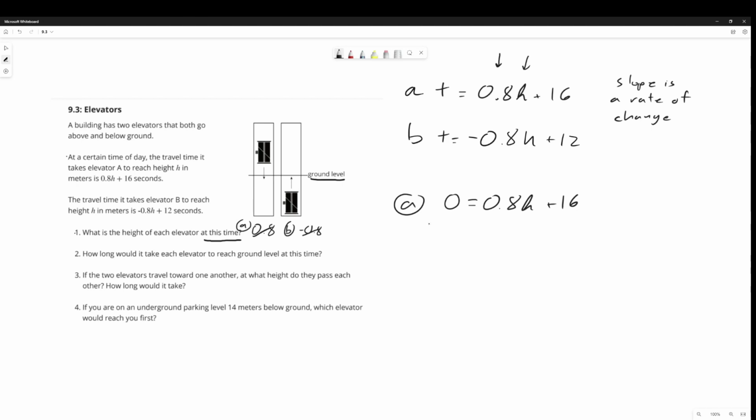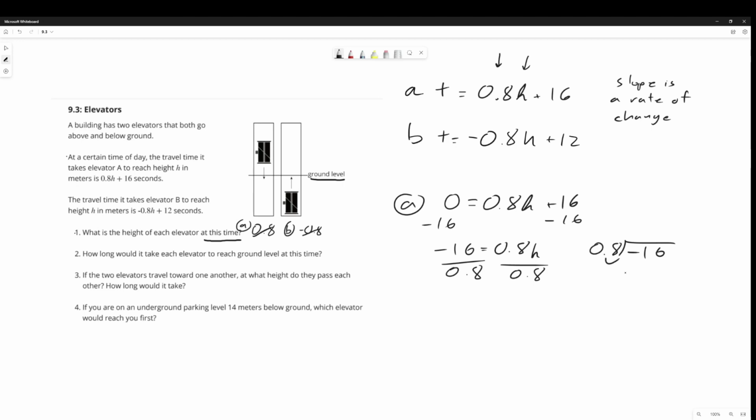All right, let's check to see how you did. Remember, you want to get your constants on one side and your variables on the other. So I'm going to subtract 16 from the right, and I'm going to subtract 16 from the left. I get negative 16 equals 0.8h. Then I'm going to divide both sides by 0.8. So what's negative 16 divided by 0.8? Remember, we don't divide by a decimal.